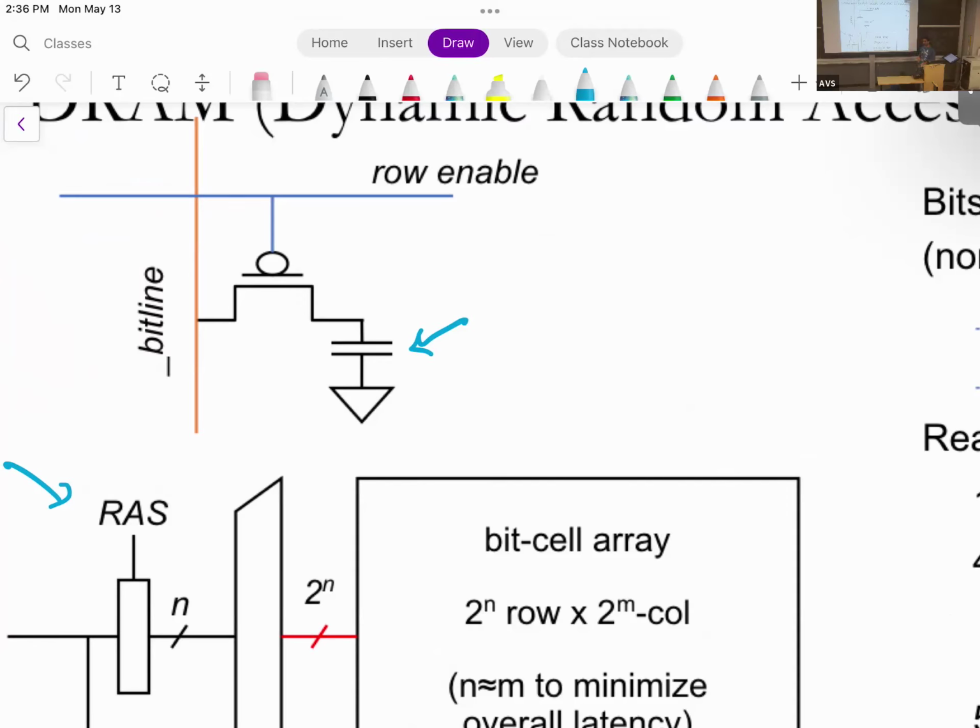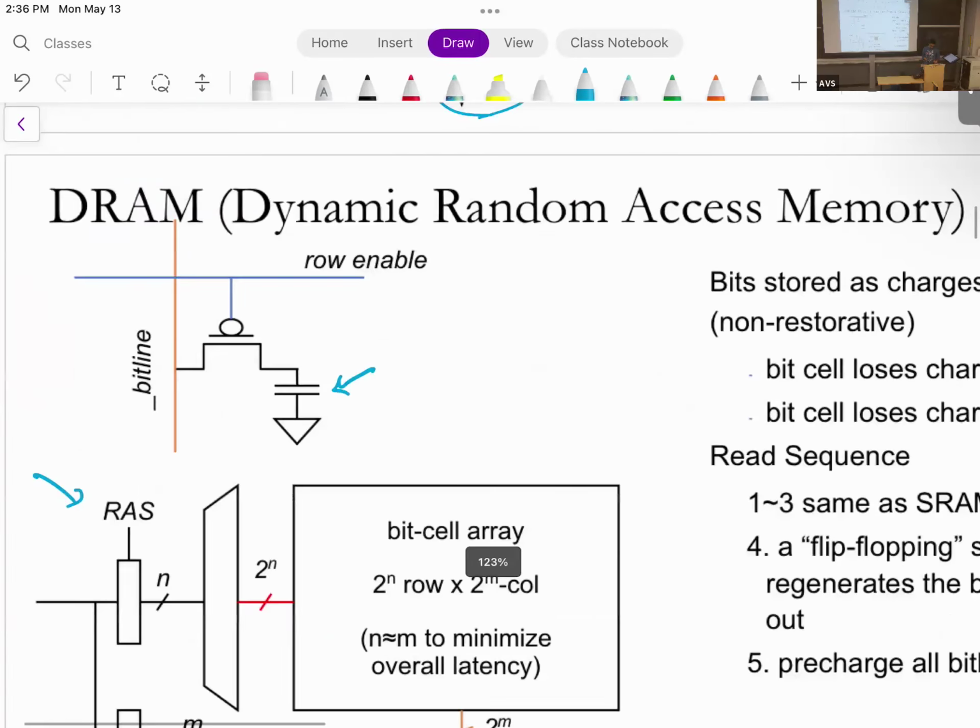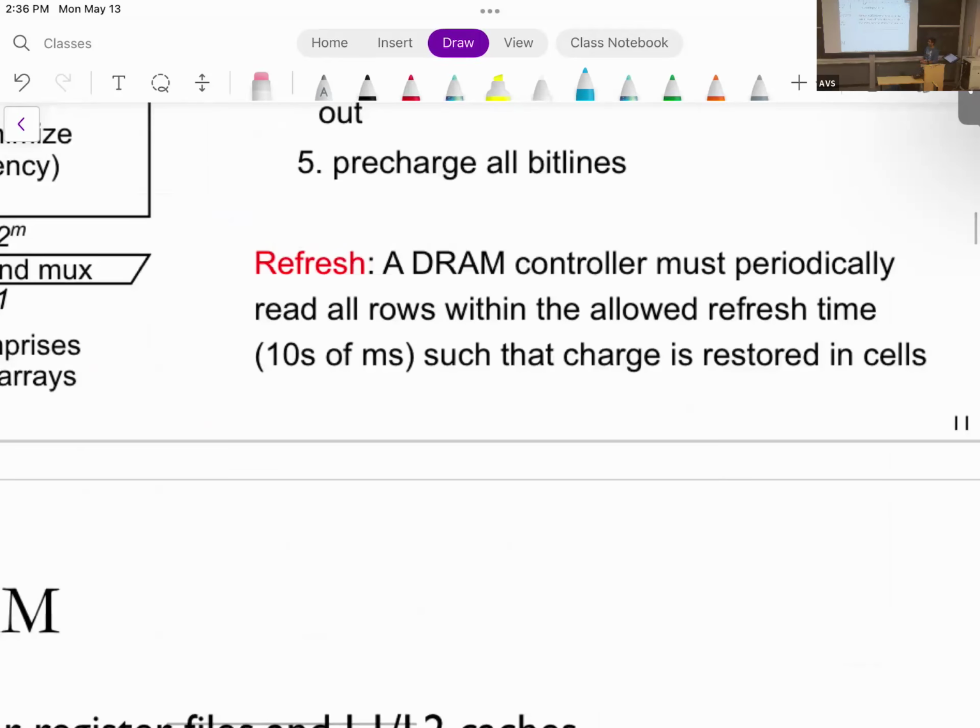As a result, you need to continuously refresh DRAM. So after every 64 milliseconds or so, you need to refresh every line. As a result, we have this memory controller that is responsible for refreshing DRAMs. It occasionally goes through every row and refreshes it. And the big thing about refresh is that as you do the refresh, that particular row is out of commission. So you have to be careful about that.